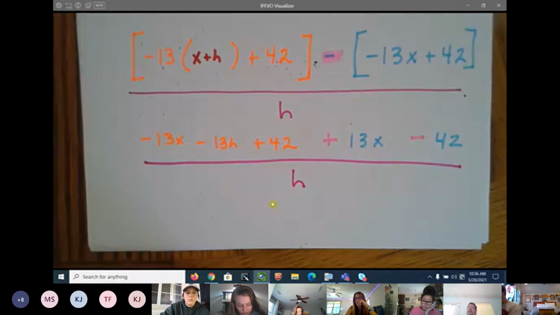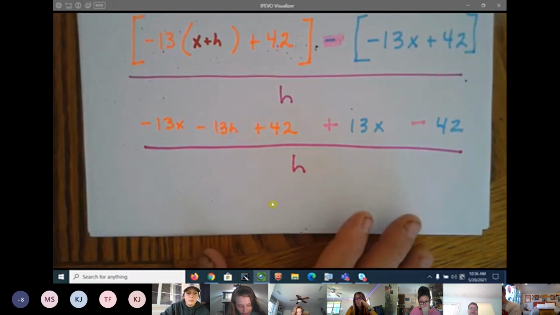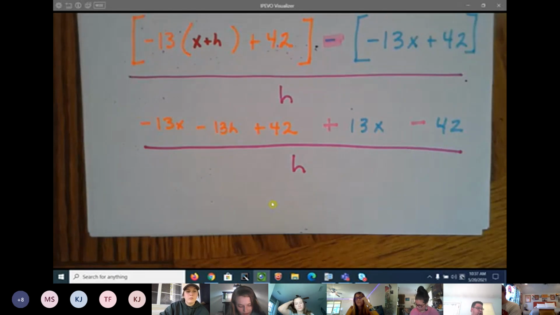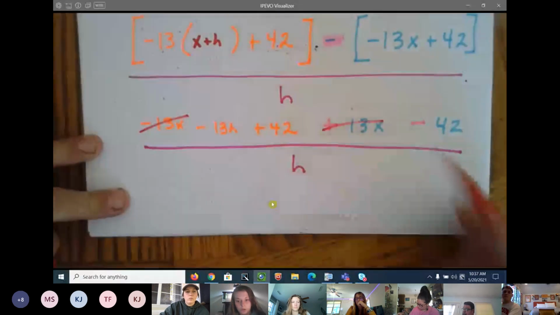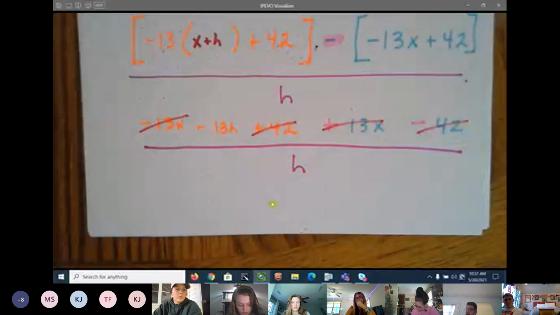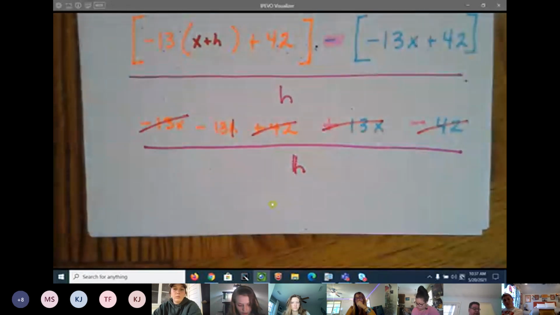Now, what happens when you use the difference quotient? What happens if you do everything correctly? What happens to the non-h terms? A lot of them. What happens to them? They cancel. Thank you, sir. 13x cancels. 42s cancel. And you're left with negative 13.